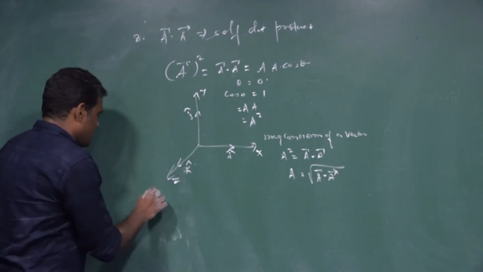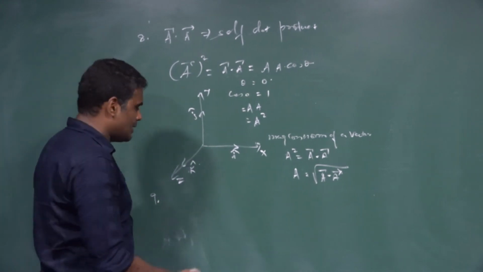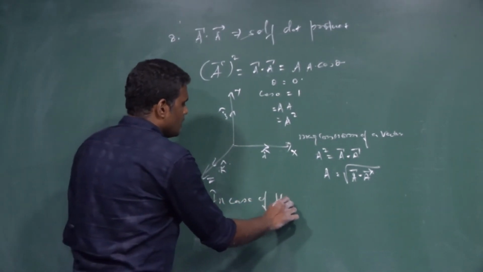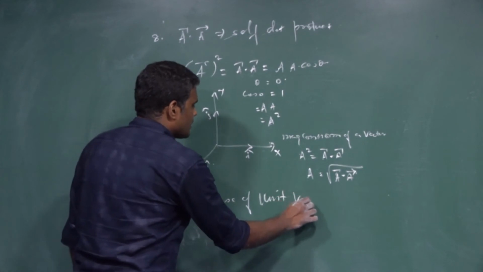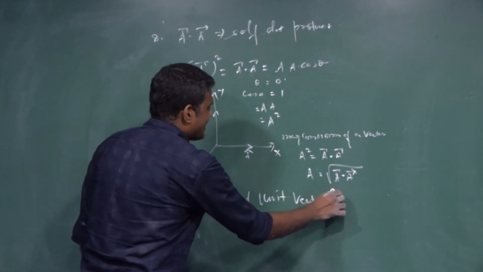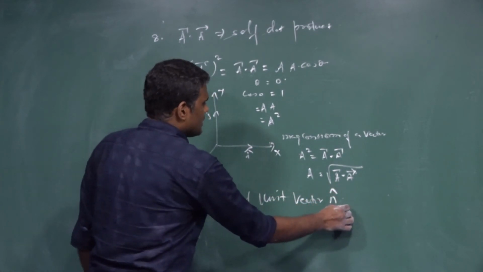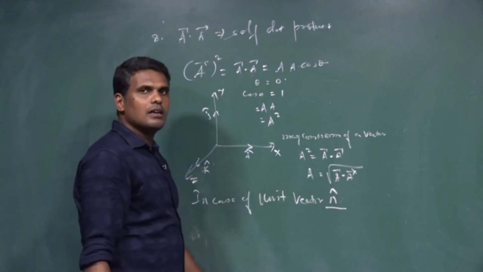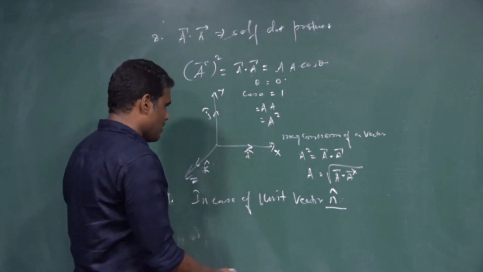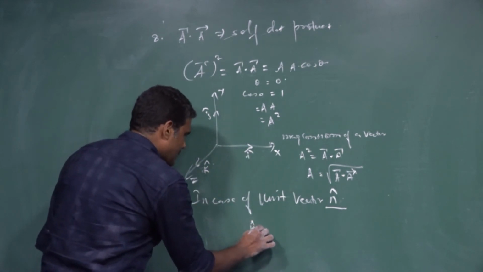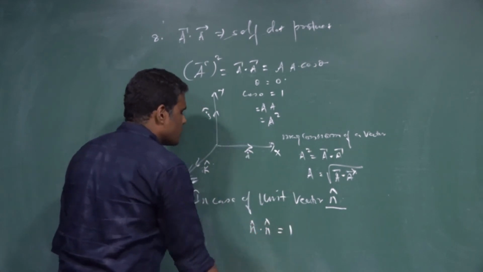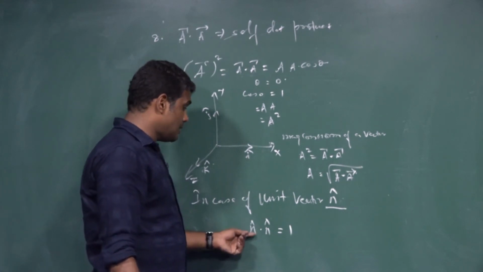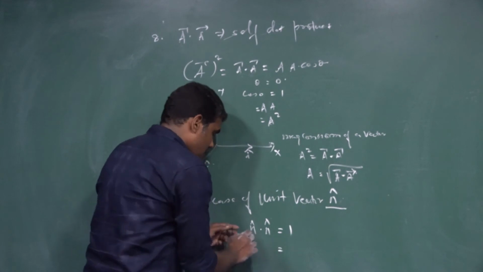Now, the ninth property is for unit vectors. Let us say n cap; if I represent a vector with a cap, hat or caret, then it is called a unit vector. In case of a unit vector, I can write n cap dot n cap is equal to 1, because this is a unit vector.